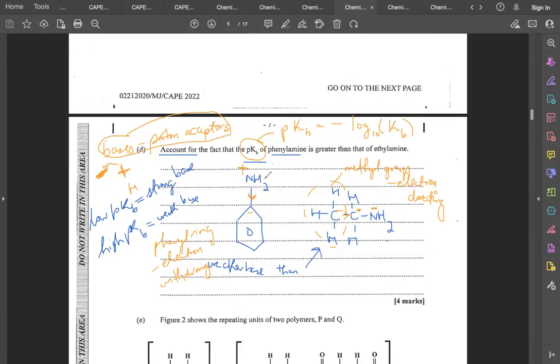And so hence, phenylamine ends up being a weaker base. So it's less able to attract protons when compared to ethylamine, which has this negative center by virtue of this electron donating methyl being here, right? So because this is more negative, it's going to attract H plus to itself, because H plus is a positive charge attracted to a negative charge.